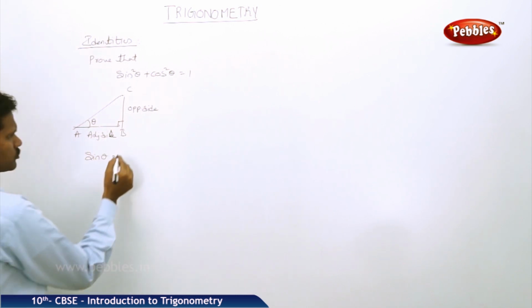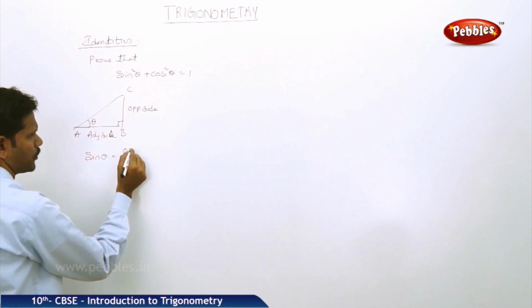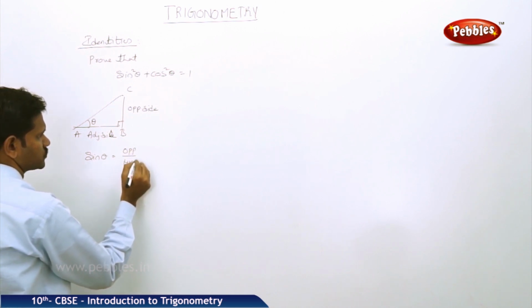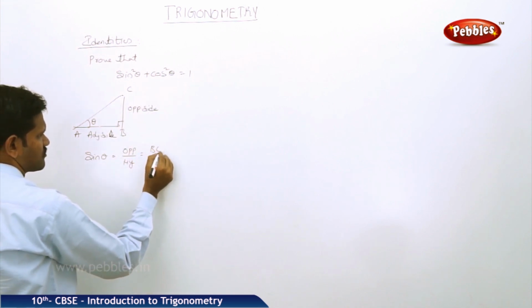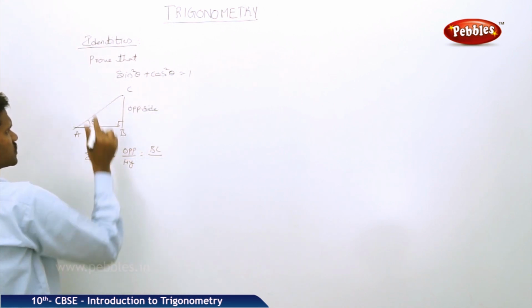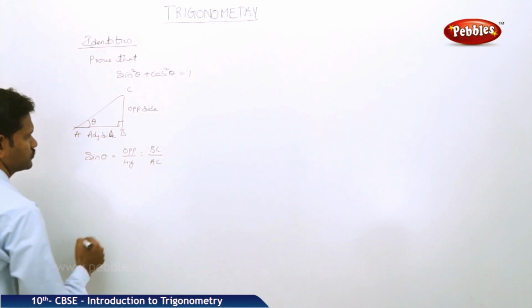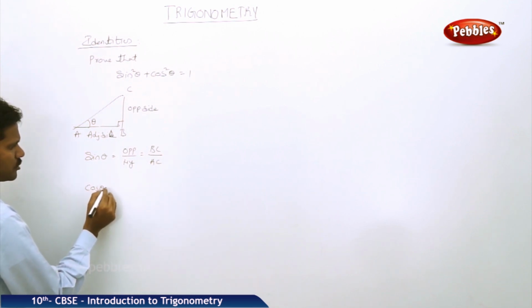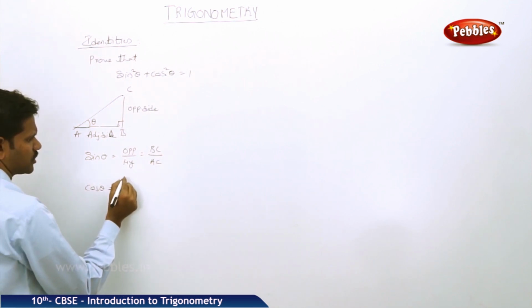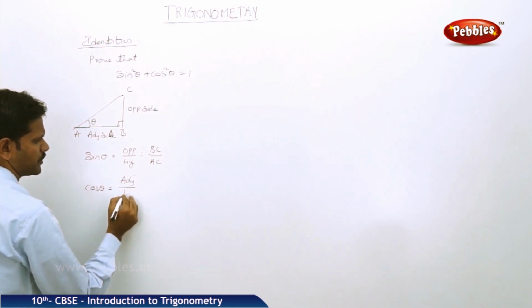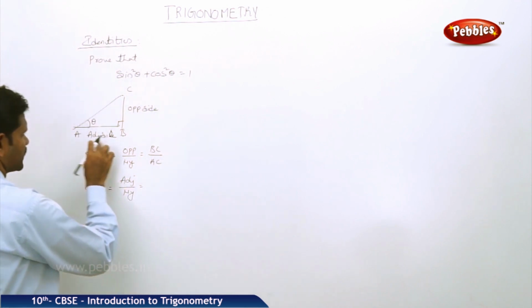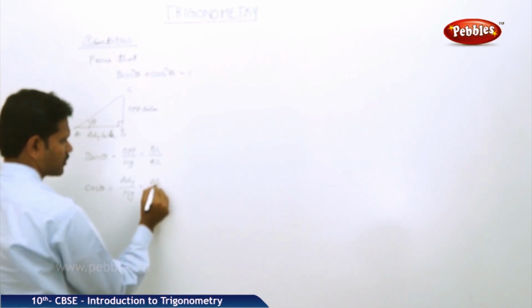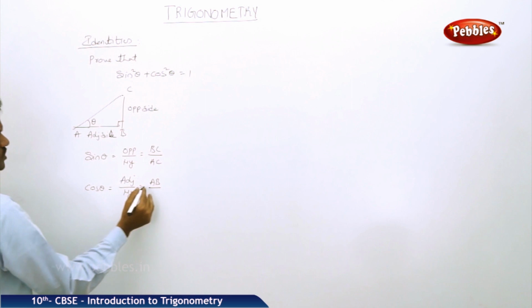Sin theta is equal to, you know the definition, opposite side by hypotenuse. What is the opposite side? BC by hypotenuse AC. Next, cos theta is equal to, by definition, adjacent side by hypotenuse. The adjacent side is AB and the hypotenuse is AC.